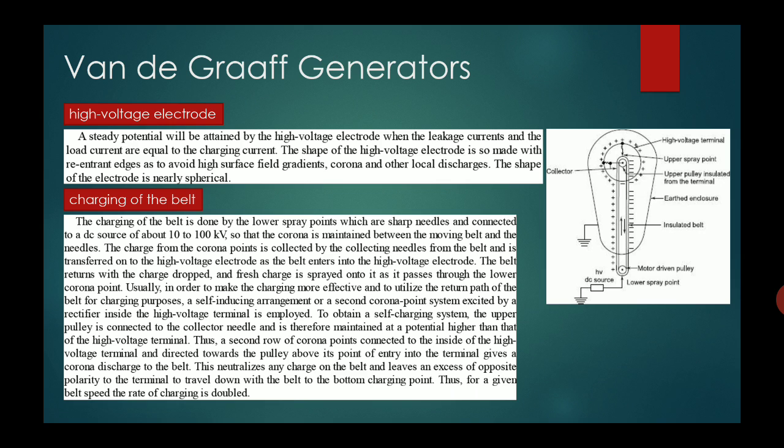This neutralizes any charge on the belt and leaves the excess charge of polarity opposite to the terminal to travel down with the belt to the bottom charging point. Thus, for a given belt speed, the rate of charging is doubled. Since we have two charging points here, we have double the rate of charging.